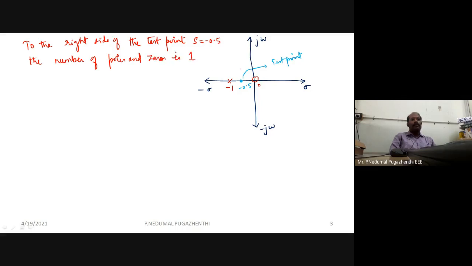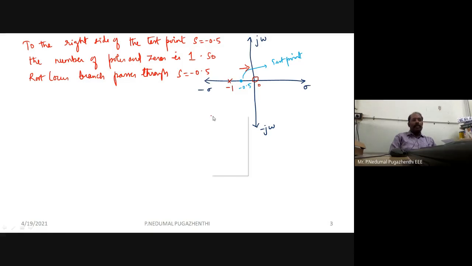To the right side of minus 0.5, you have only one zero at s is equal to 0. So the root locus branch passes through s is equal to minus 0.5, and the condition continues to be true up to this point.